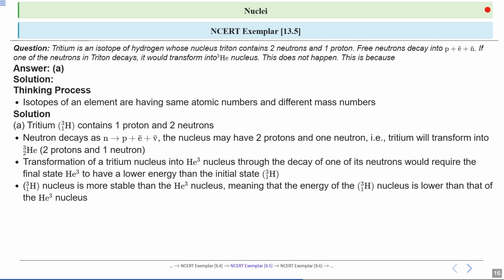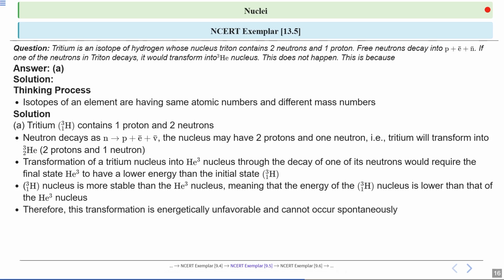But this doesn't happen because tritium is more stable than helium-3, meaning its energy is lower than that of helium-3 nucleus. So the decay doesn't happen. Energy-wise, tritium has lower energy, making the transformation unfavorable and it cannot occur spontaneously.